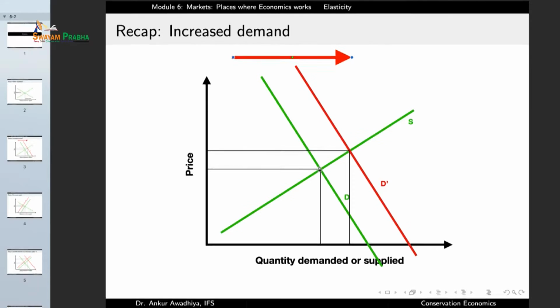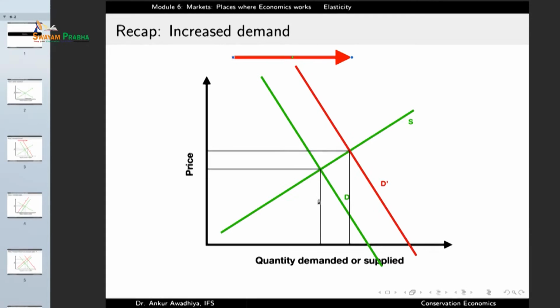Now, as we can observe, the earlier equilibrium is at this point, the new equilibrium is at this point. At the old equilibrium, this was the equilibrium price. At the new equilibrium, this is the equilibrium price, which means that the equilibrium price increases if there is an increase in demand.